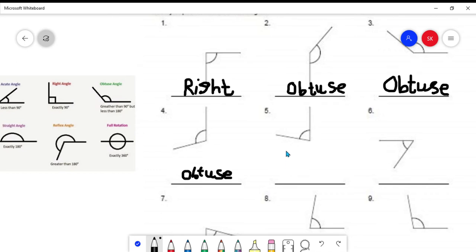And the next one, I'll let you figure it out. I'll give you a couple of seconds and then I'll reveal the answer for the following questions. So hopefully you worked this one out. It is an acute angle.